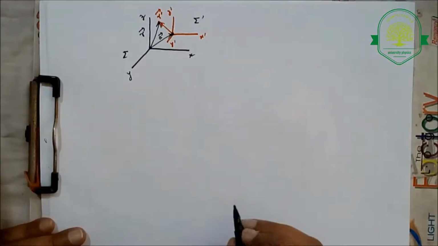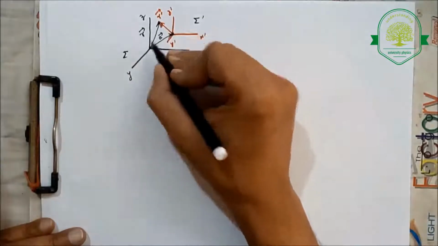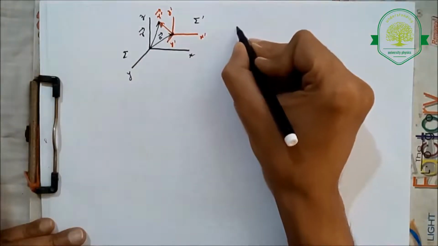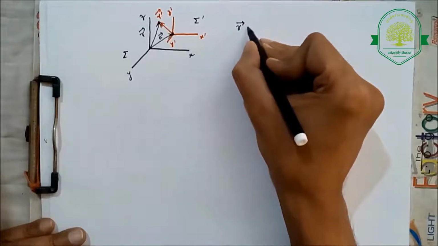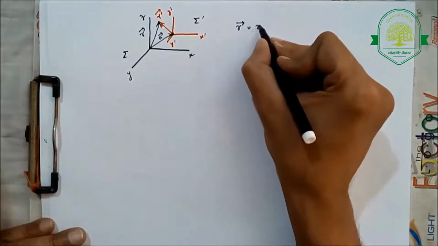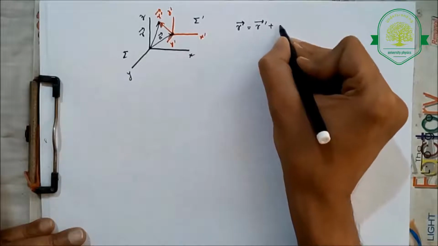So from triangle law here we can write that r vector equals r primed vector plus A vector.